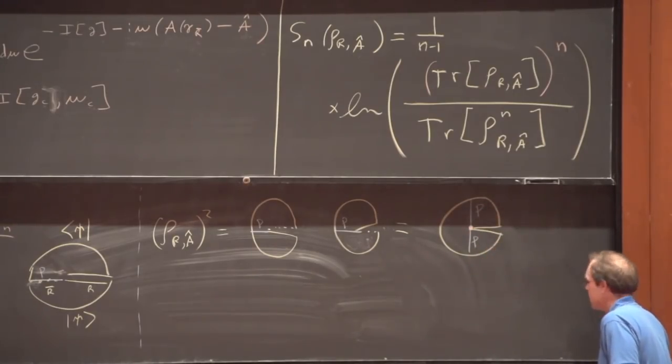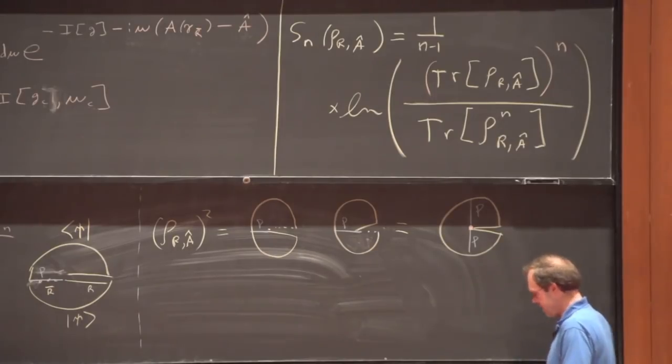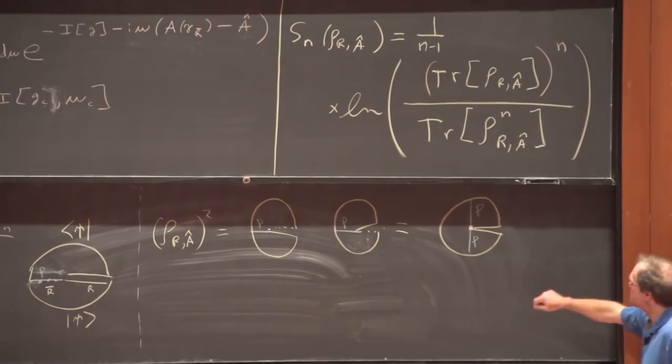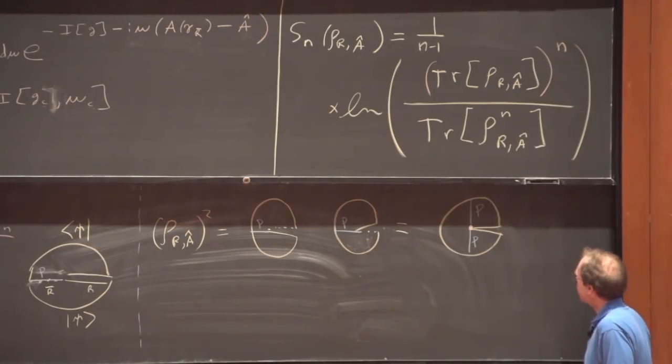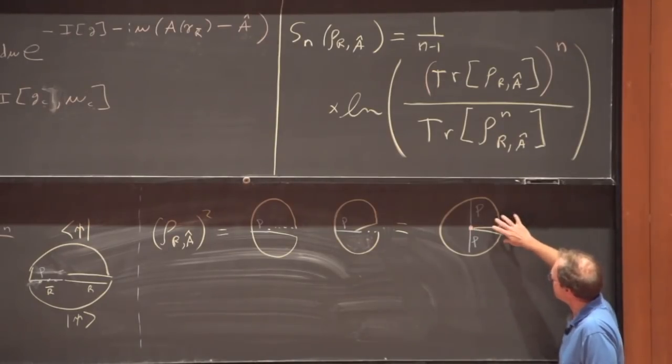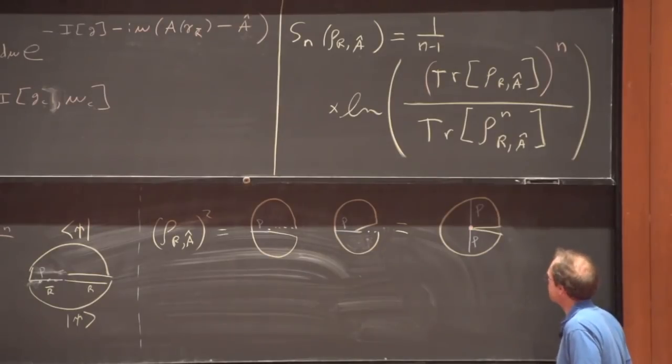OK. So the question is how to compute the trace of this thing. And so let's compute the trace. Of course, that means we're going to sew up this path integral. And I'd like to take this cartoon and rotate it 90 degrees.